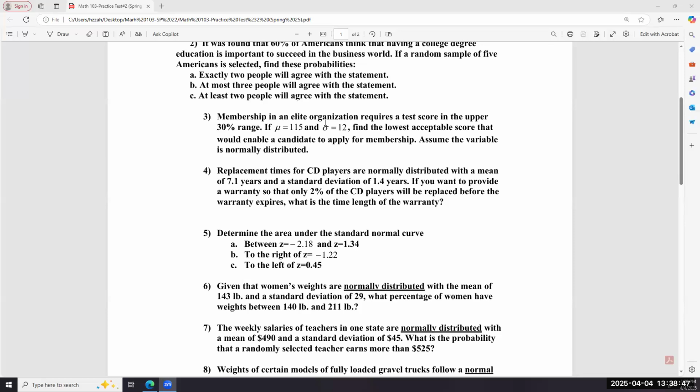We want to find the minimum score that you require to be accepted into the training. This is how we're going to set up: we change it to the normal curve, identify the 30%, and find the lower score for this. So let's go back to my notebook so I can explain it in detail for you.